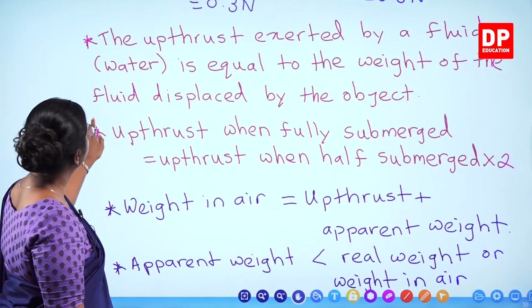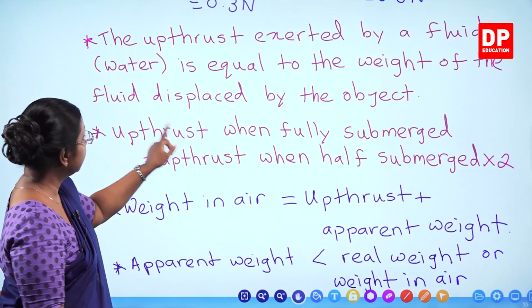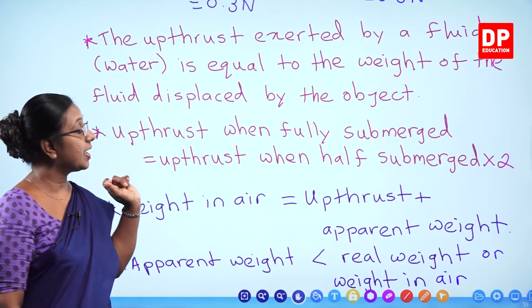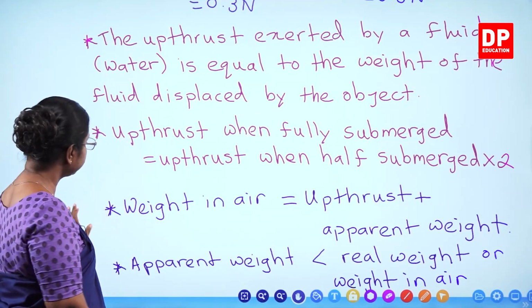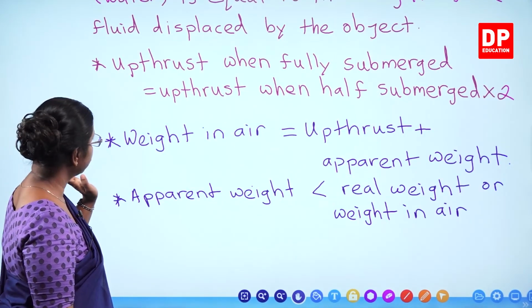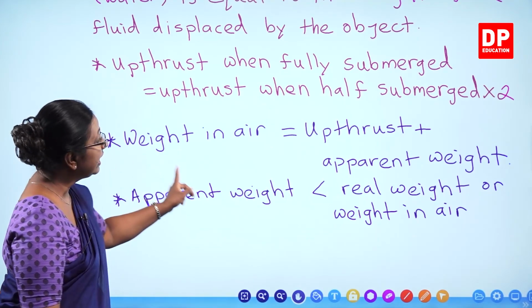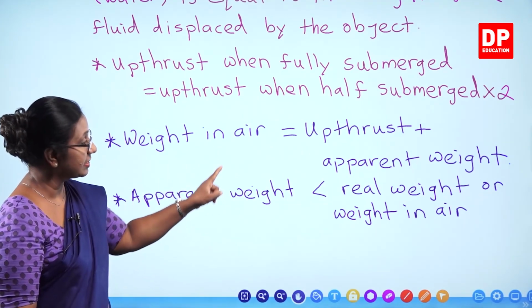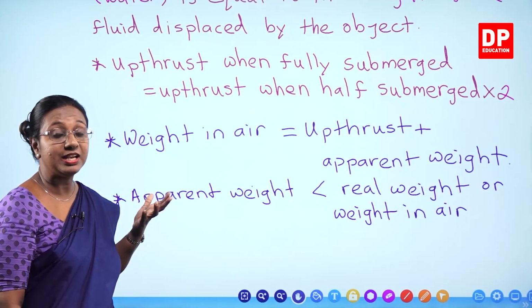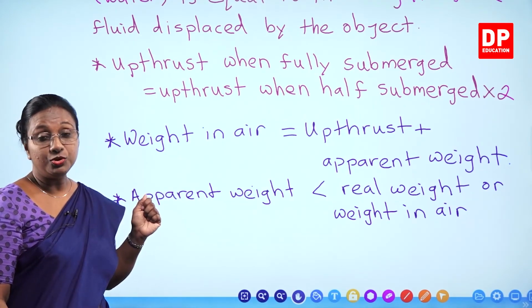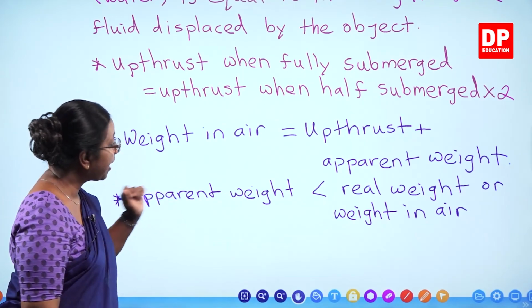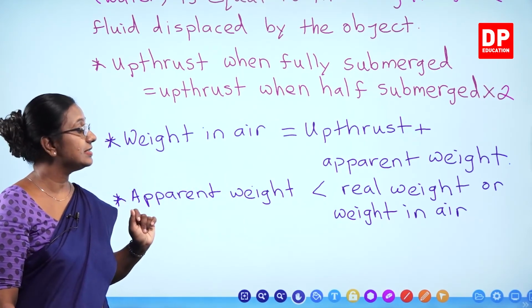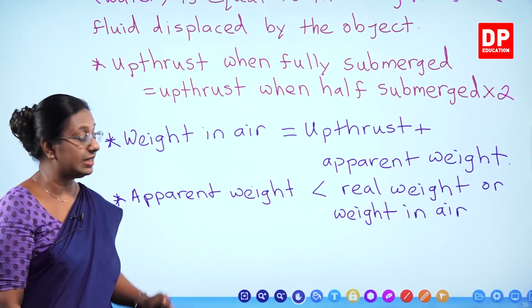And also the upthrust when fully submerged is equal to the upthrust when it was half submerged into 2. And these are the points, as I told you, you need to remember. Weight in air is equal to the upthrust plus the apparent weight, that is the weight that you see due to the upthrust, the decreased weight. And then the apparent weight is always less than the real weight or weight in air.